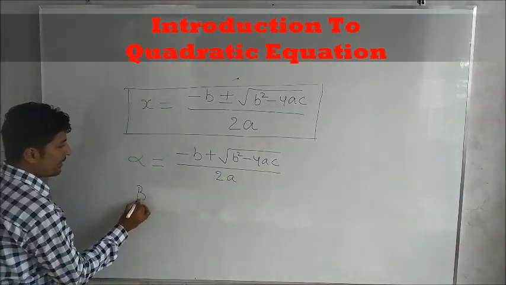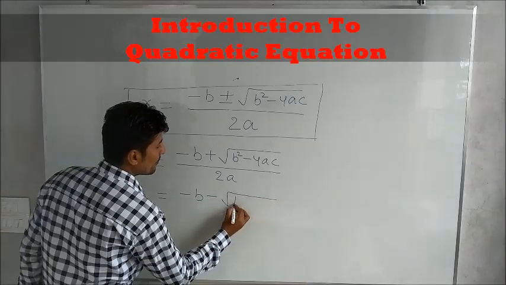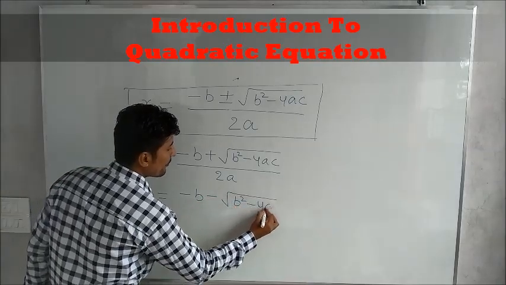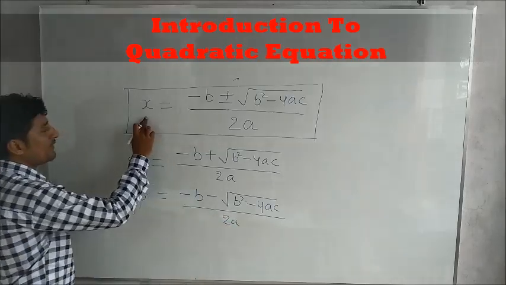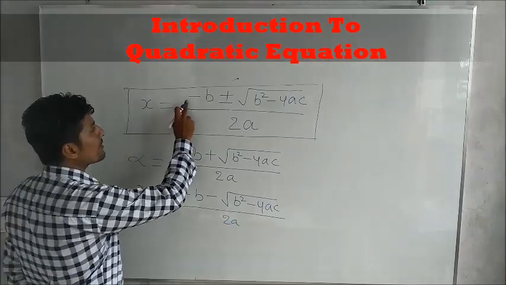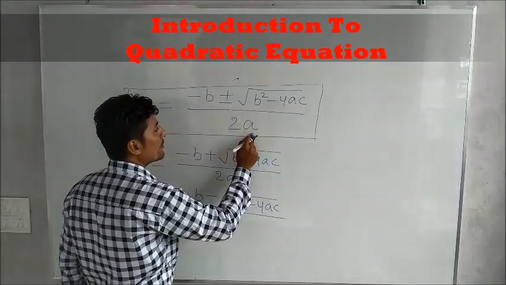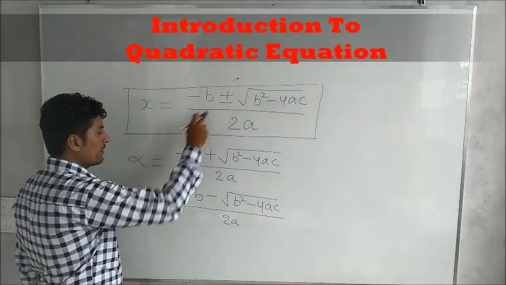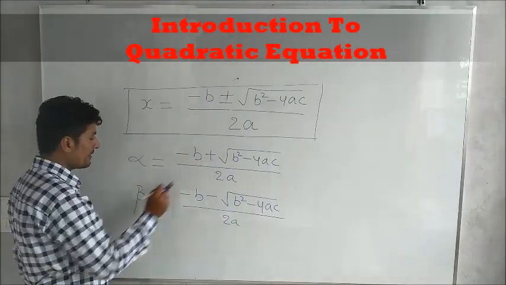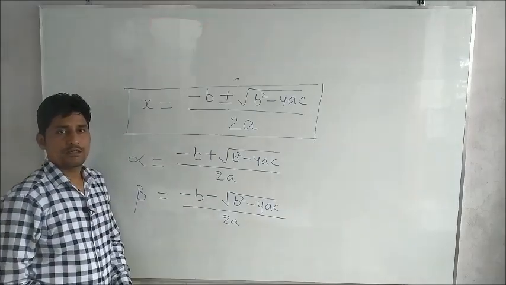While beta will be equals to minus b minus under root b square minus 4ac upon 2a. Since I have written the formula x equals to minus b plus minus under root b square minus 4ac upon 2a, this is composed of two roots, plus and minus. So for alpha I have used plus, while for beta I have used negative sign.